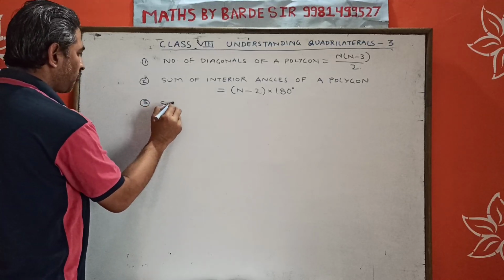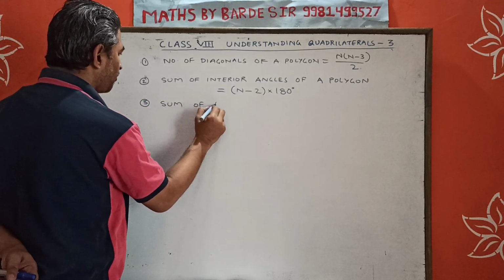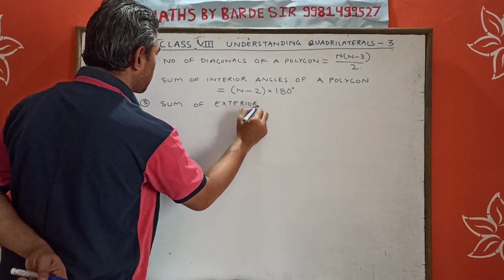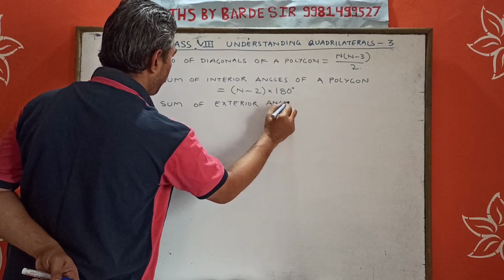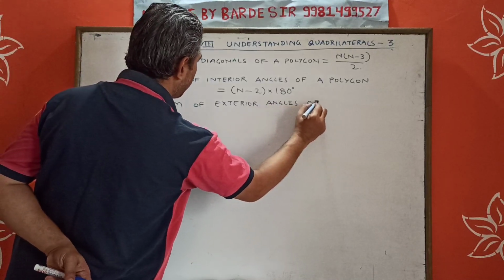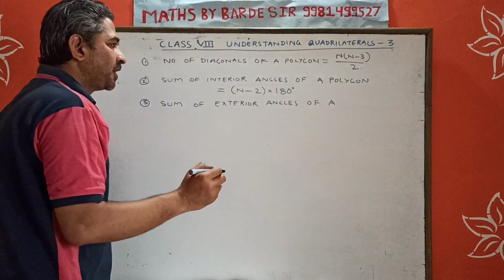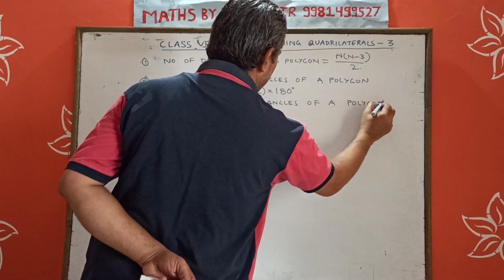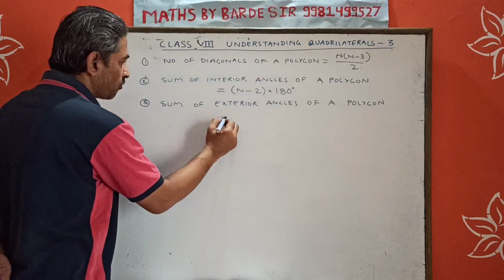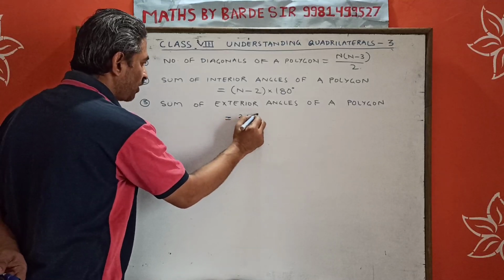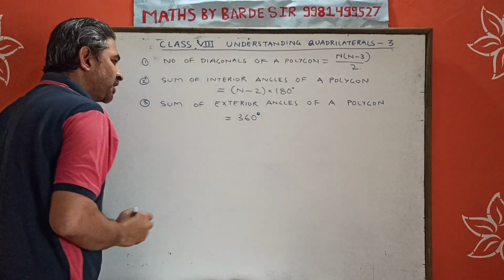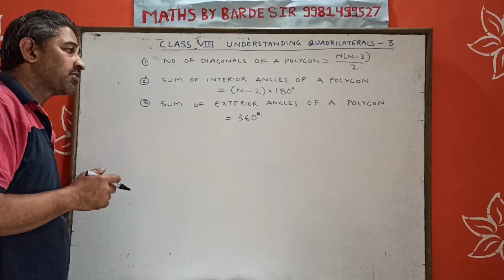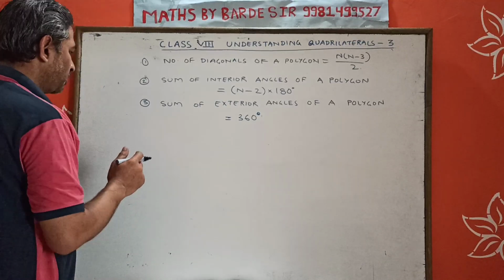Number 3: the sum of exterior angles of a polygon is always equal to 360 degrees. For any polygon, the sum of exterior angles is always equal to 360 degrees.